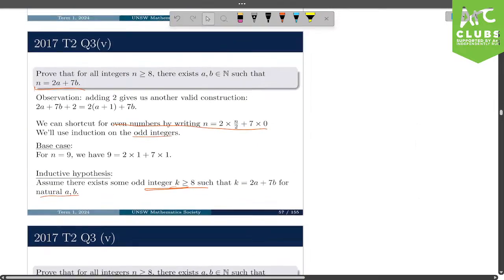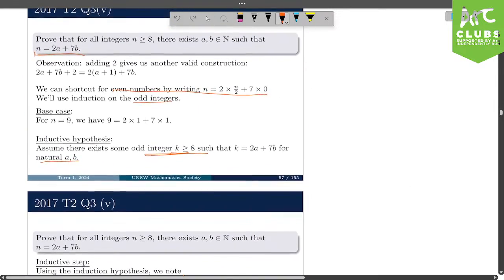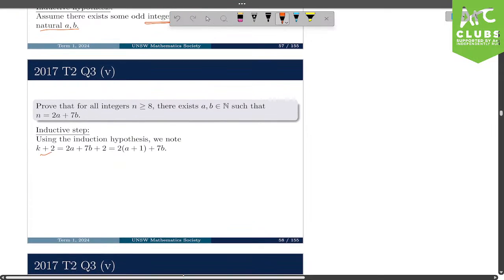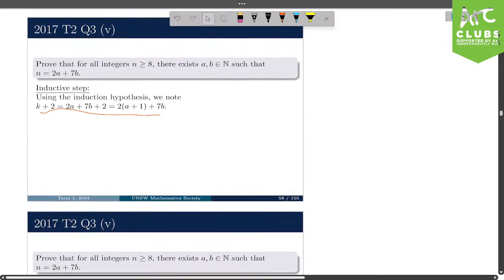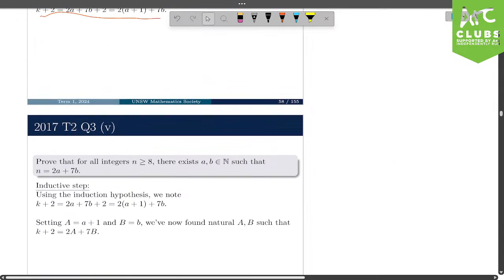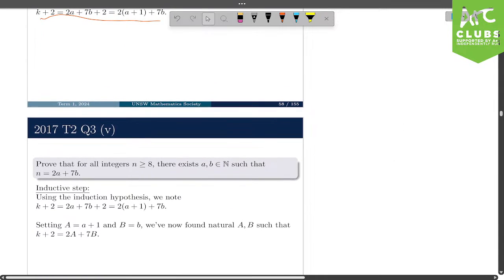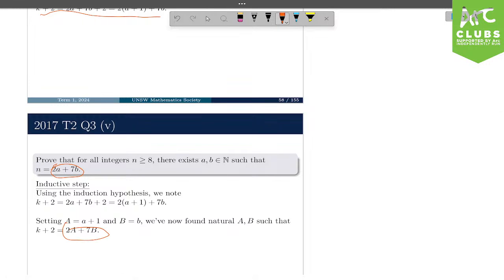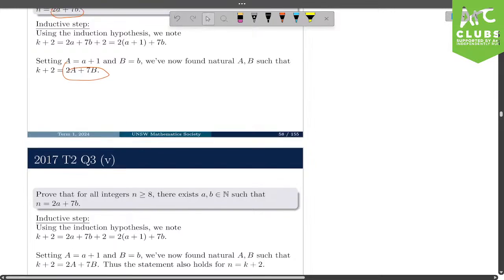So using the observation from earlier, we're going to replicate it as such. Noting that a plus 1 and b are both natural numbers, we can write it exactly in this form. Over here, let's do some matching. And we've shown that the statement is also true for n equals k plus 2.